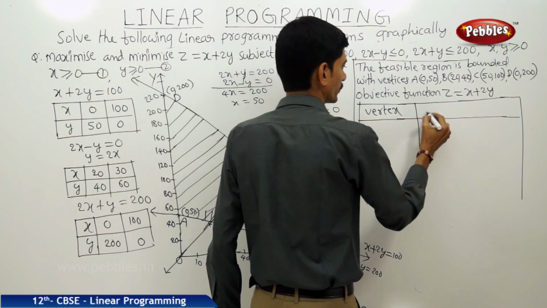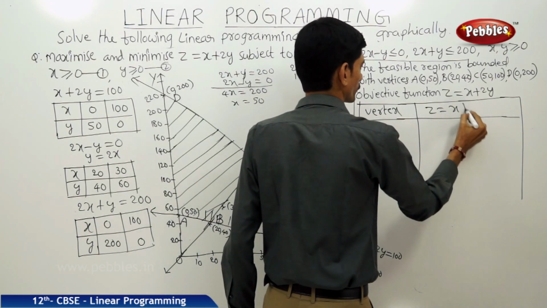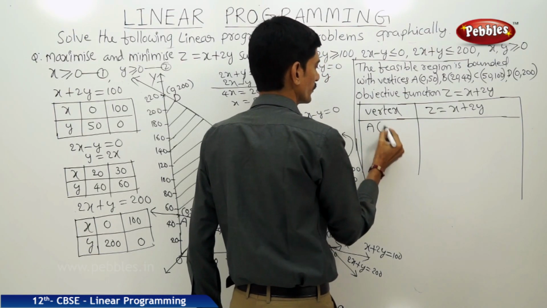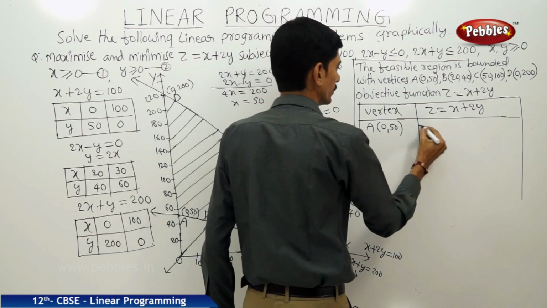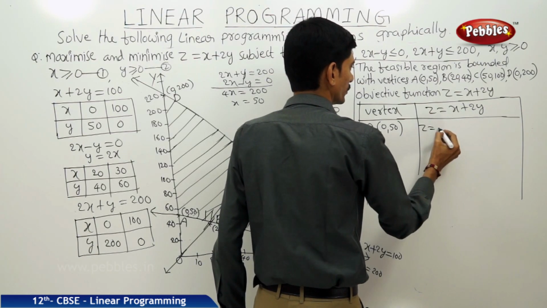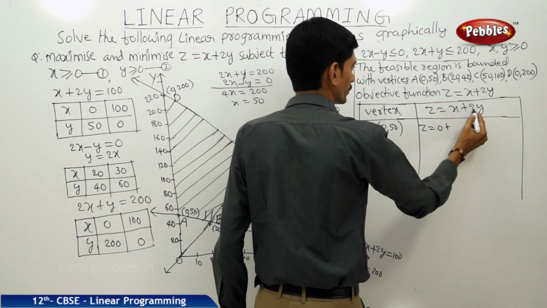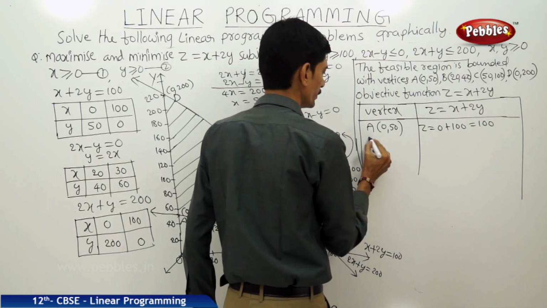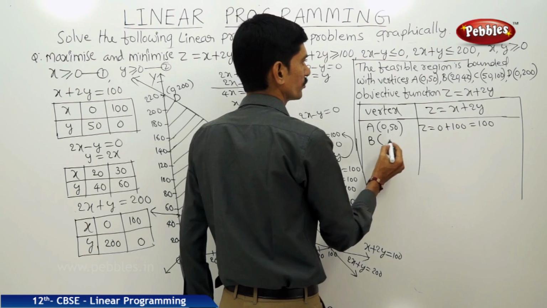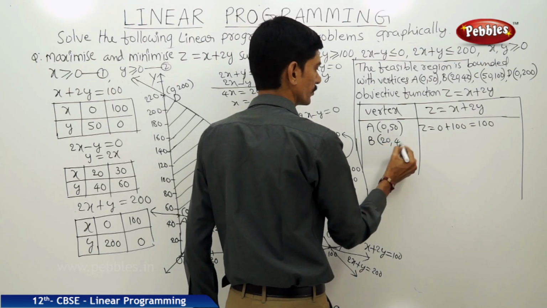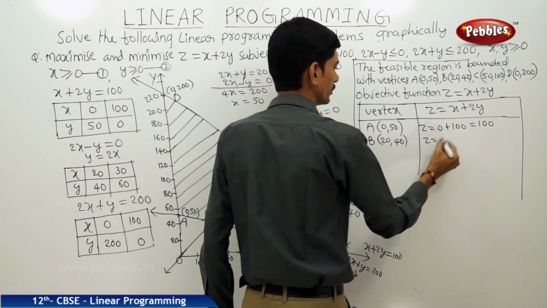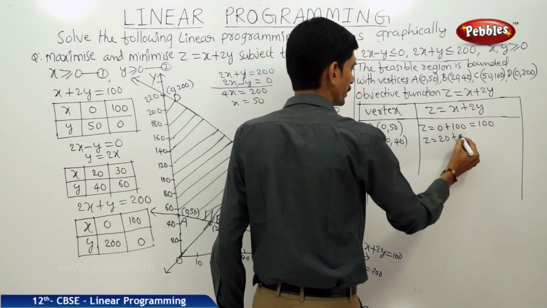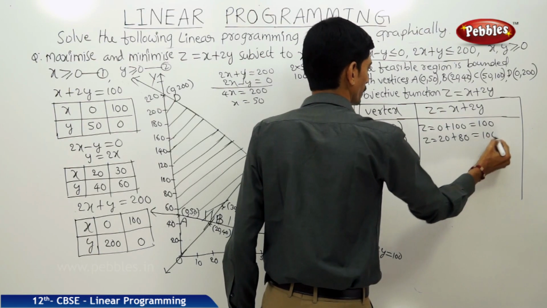At A, 0 comma 50, here z equal to 0 plus 2 into 50, 100, equals 100. At B, 20 comma 40, z value is 20 plus 2 into 40, 80, equals 100.